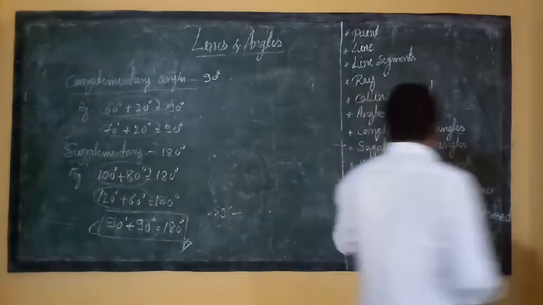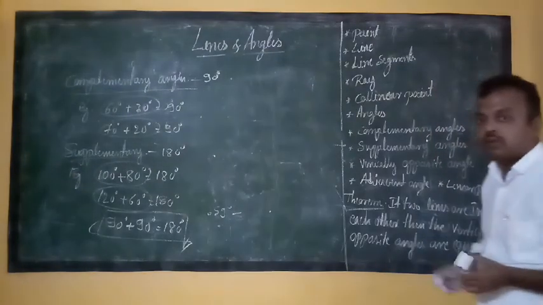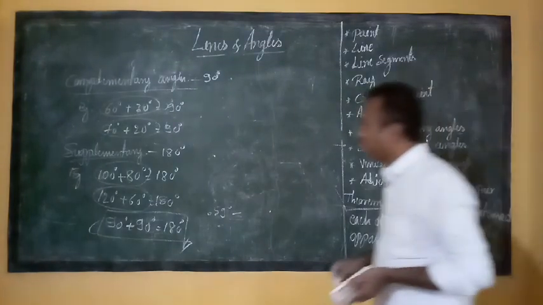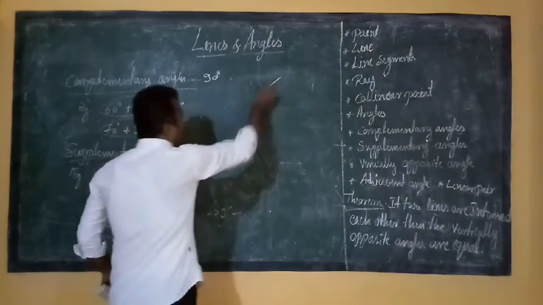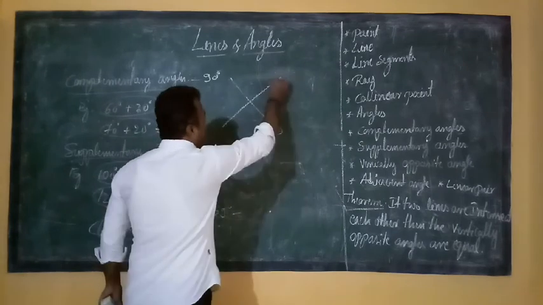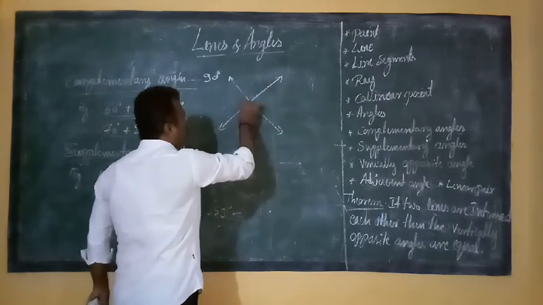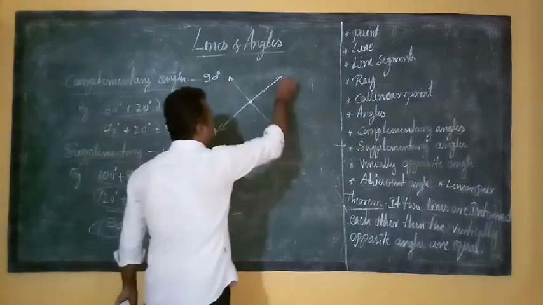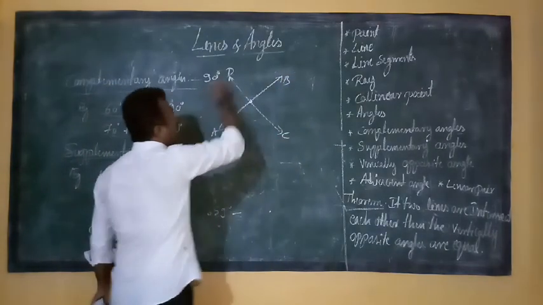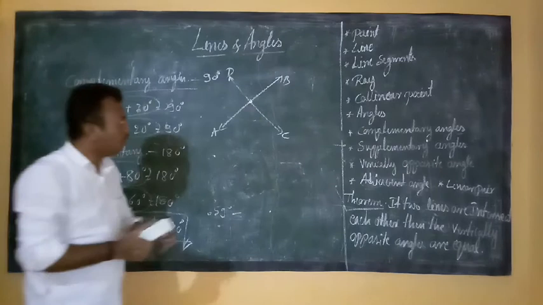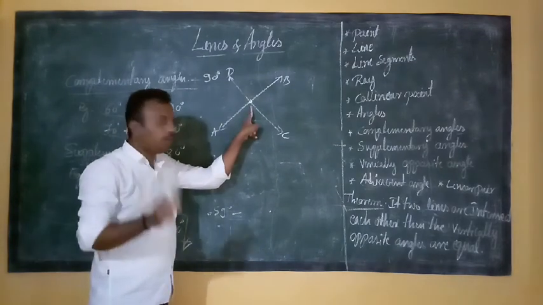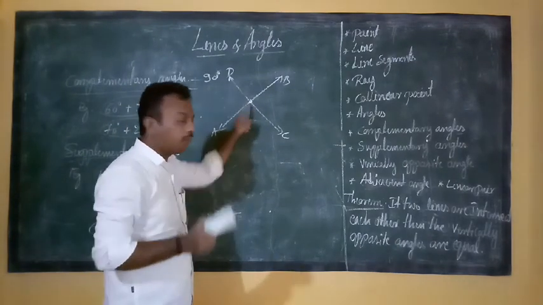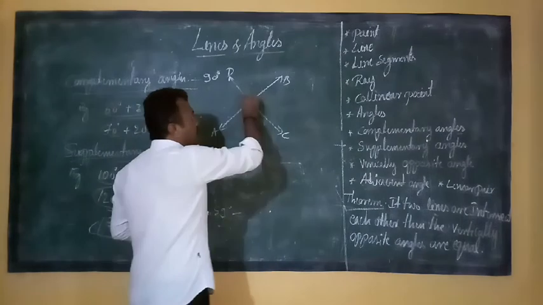So next one, vertically opposite angles. What is the meaning of vertically opposite angles, students? If two lines intersect at a single point, you can take any two lines, say AB and CD. Correct. These two lines intersect each other at a single point and form vertically opposite angles.